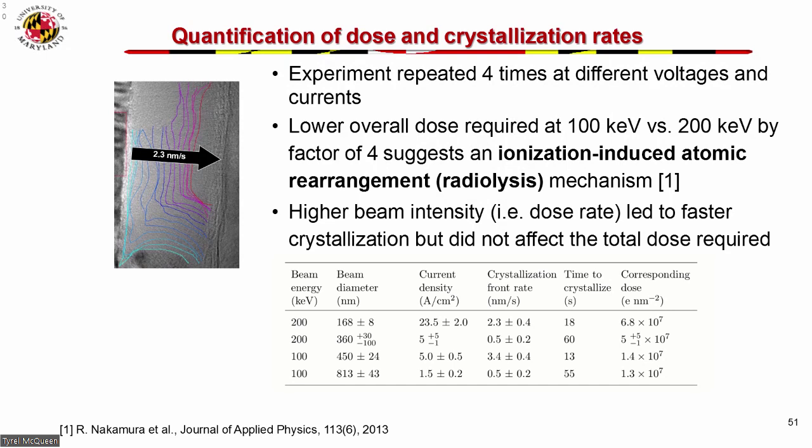Oh, sorry. This only happens, you can see in this here. This is the whole film, right? We didn't have really thick films to, you mean, put the beam here and see if the same thing happened.